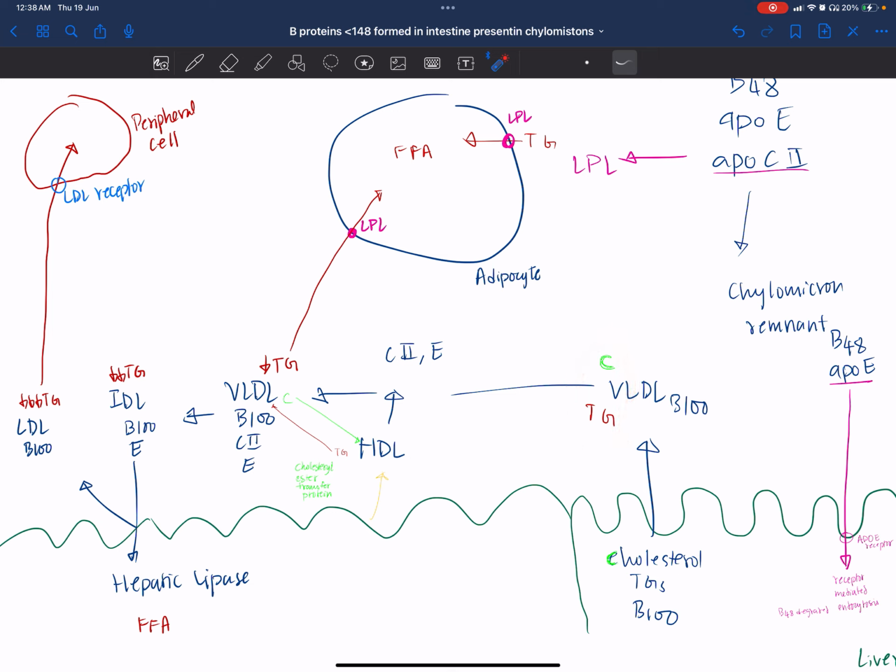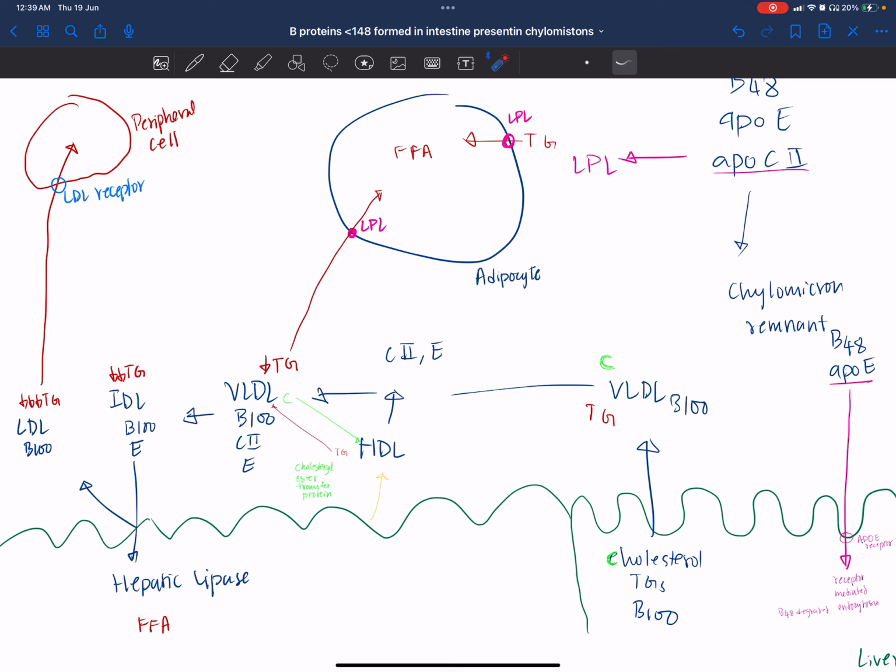Now comes HDL again with its C2 and E. It will give C2 and E to the VLDL. Why? Because the newly synthesized triglycerides also have to go to the adipocyte so that the free fatty acids go inside. So it needs the C2.